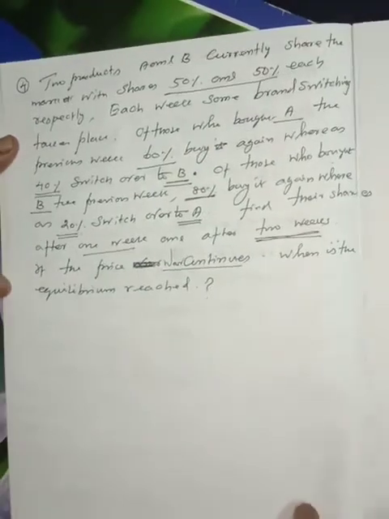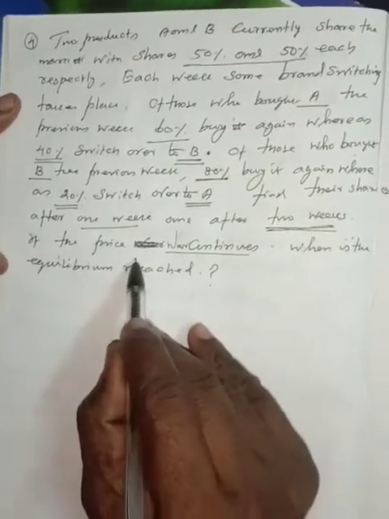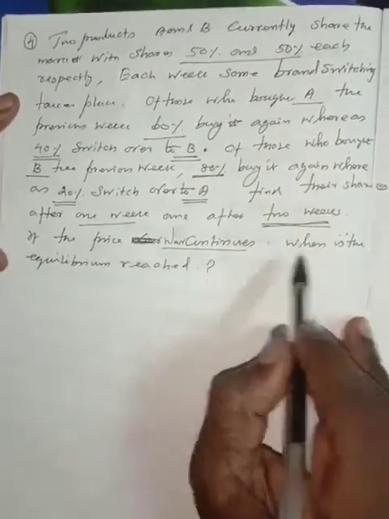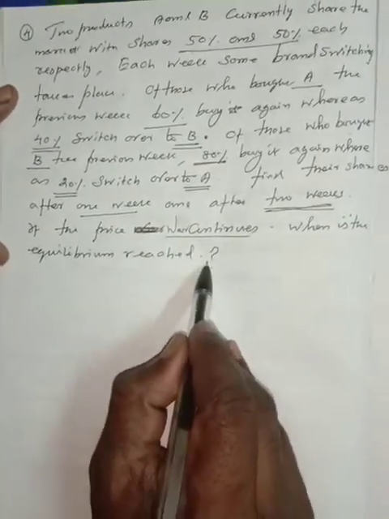If the process is continuous, when is the equilibrium reached? Already given 50% means equilibrium.